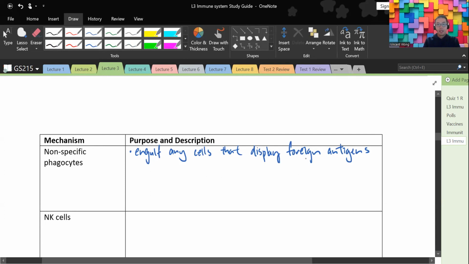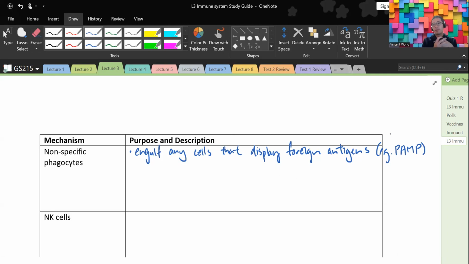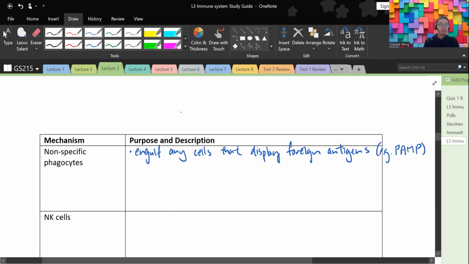Okay, so what happens is they can recognize these foreign antigens, such as PAMPs, pathogen-associated molecular patterns. These are a group of molecules found on bacterial cells, for example, and your white cells will recognize them immediately.